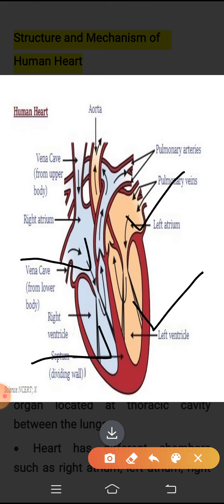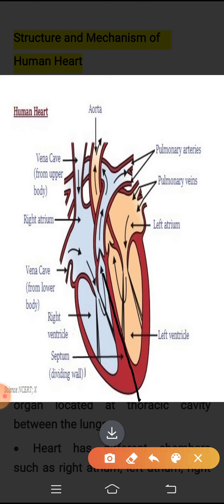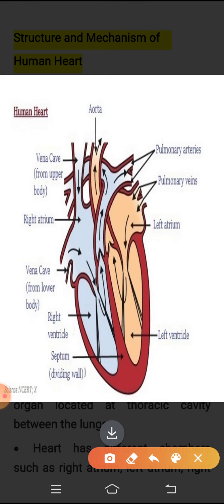So now, other than the auricles and ventricles, we also have valves. Before that, I would like to tell you that the right side of the heart is divided from the left side with the help of a dividing wall called the septum. Okay? The other parts of the human heart are pulmonary arteries, pulmonary veins, aorta, vena cava.